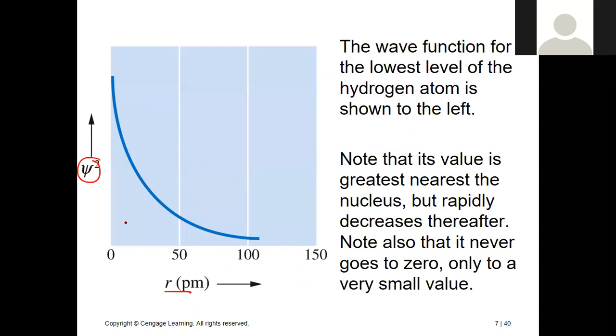This is the distance of your electron from the nucleus. As you go away from the nucleus, the probability of finding your electron decreases. It never goes to zero; it only goes to a small value. So this is what we end up with, the so-called QMM, the quantum mechanical model of the atom.